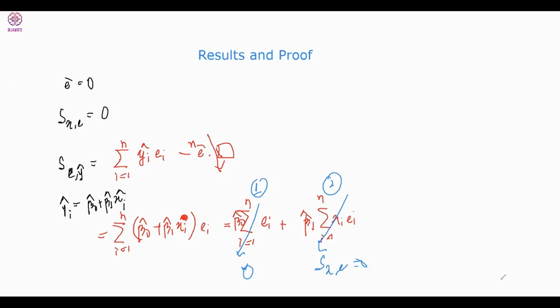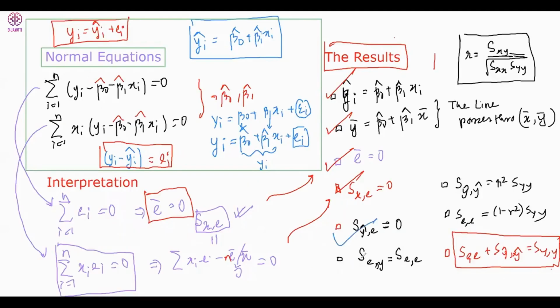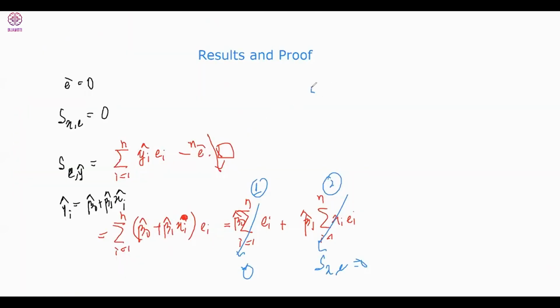So we got the second one also. How do we get this one? s of e comma y. It's very easy. You can write s of e comma y as s of e comma y hat plus e, since y is equal to y hat plus e.